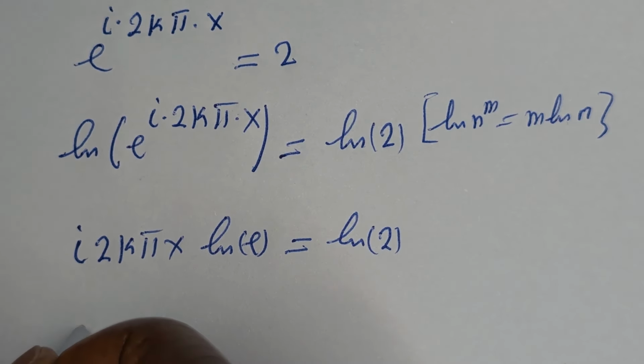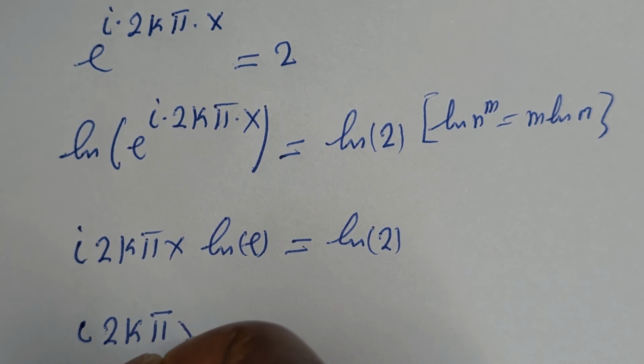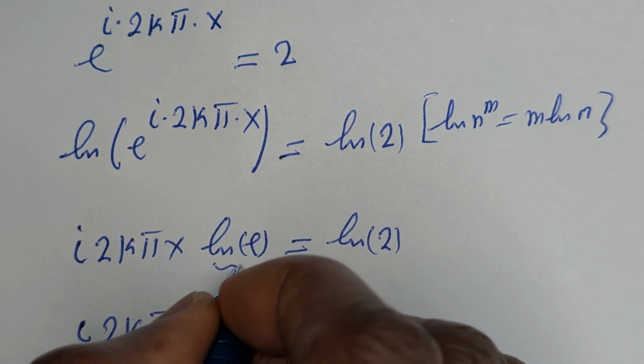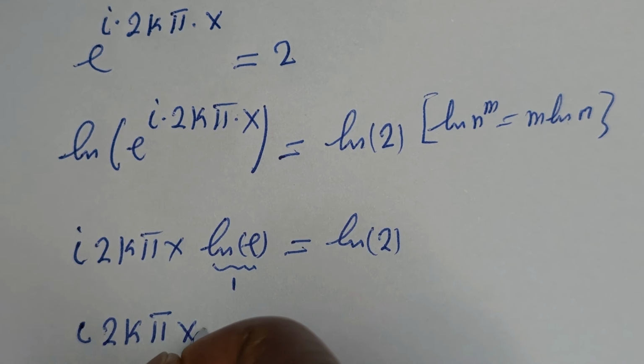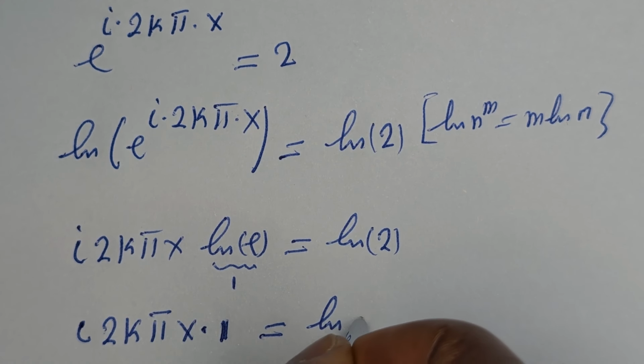Then we have i 2k pi s ln of e, and ln of e is 1, multiplied by 1, is equal to ln of 2.